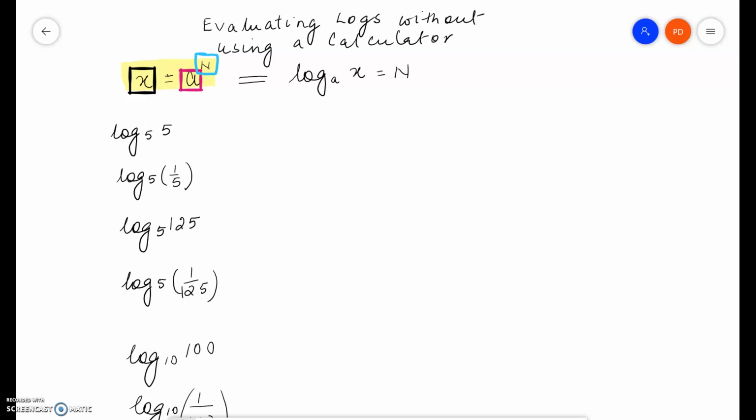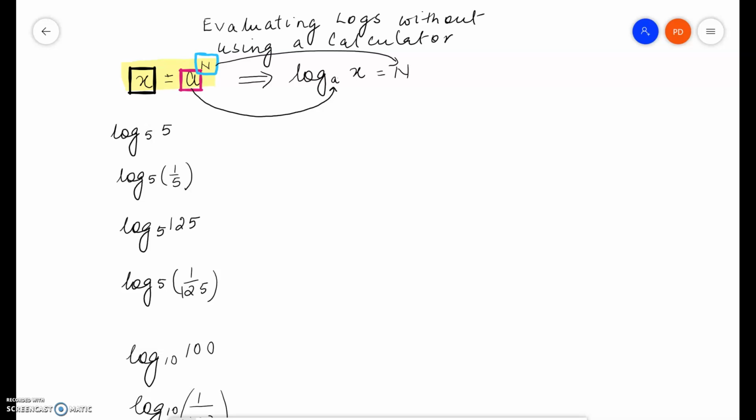So we can write it in the log form as log of the number x to the base a is equal to the exponent n. So the exponent is the log of the number x to the given base a.